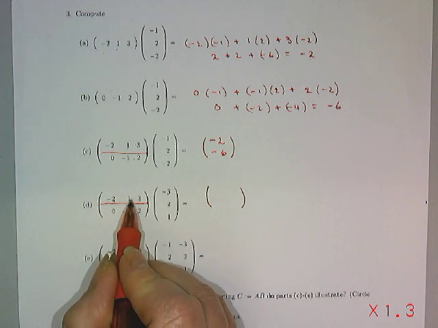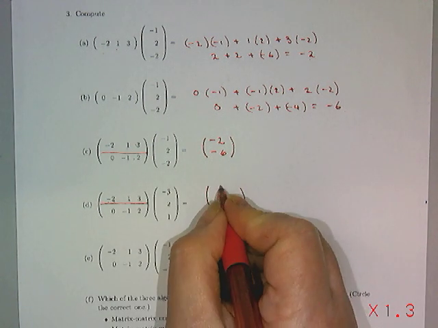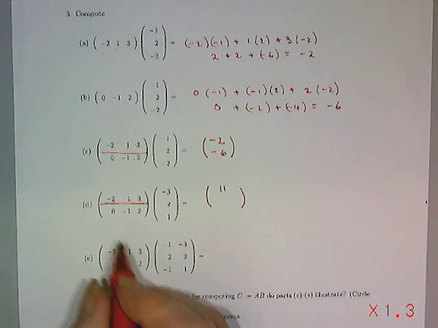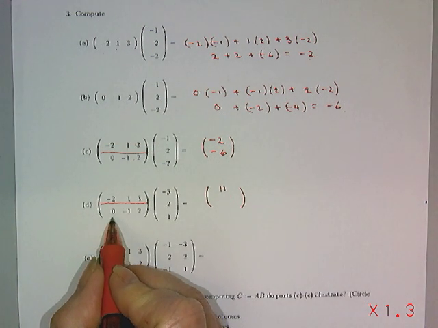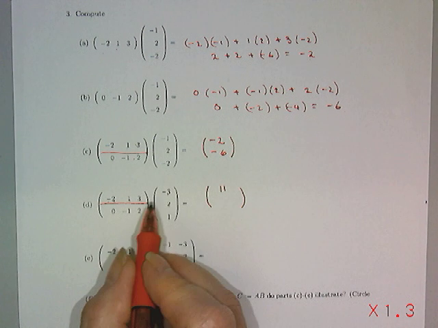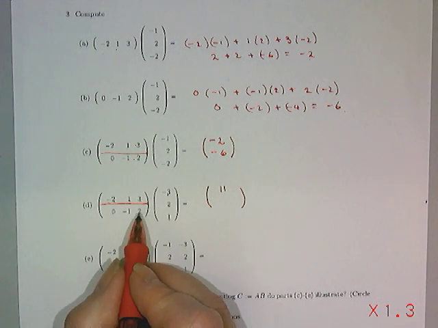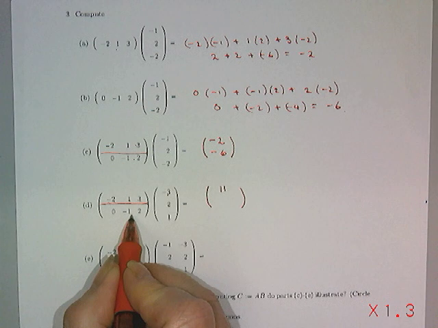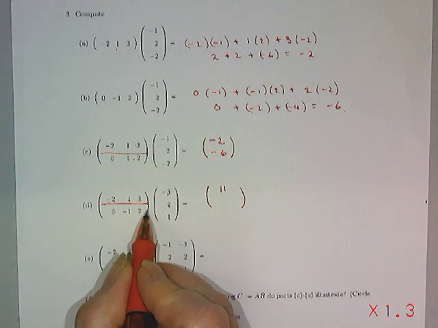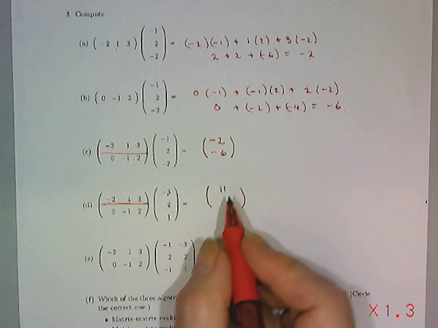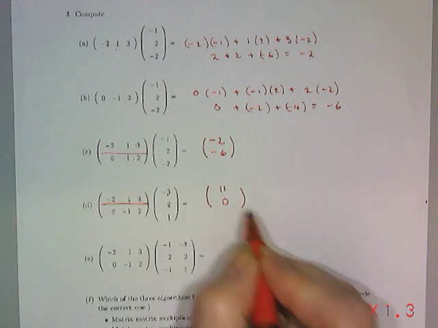So 6 plus 2 plus 3 is 11. The second component is going to be 0 times -3 plus -1 times 2 plus 2 times 1, which is equal to 0.